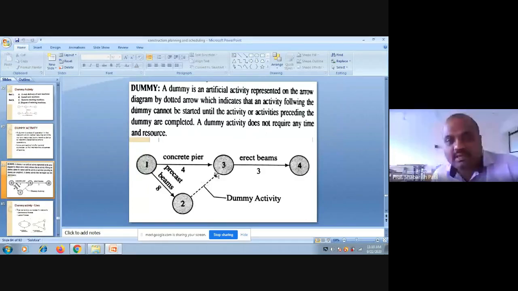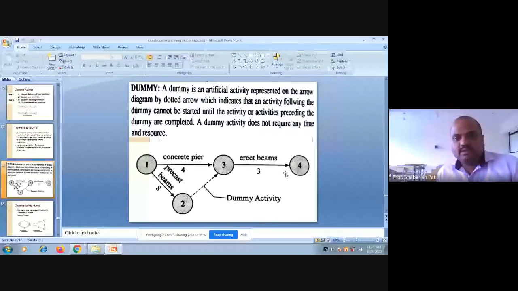By looking at this, I can understand that to erect my beams on the site for the construction of a bridge, both my concrete pier work and precast beam work have to be complete. If they are complete, only then I can start with the erection of the beams. This is an advantage of a dummy activity.